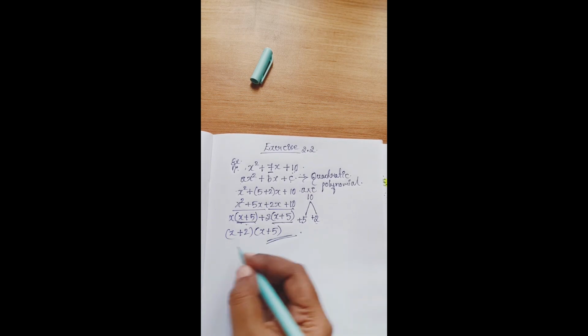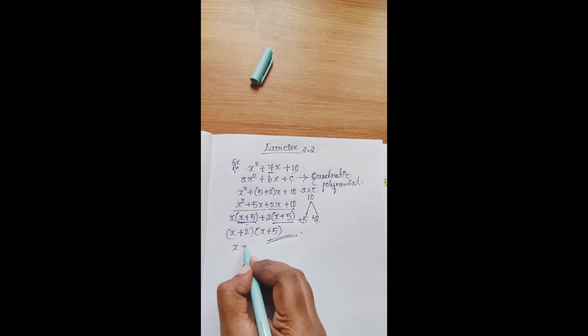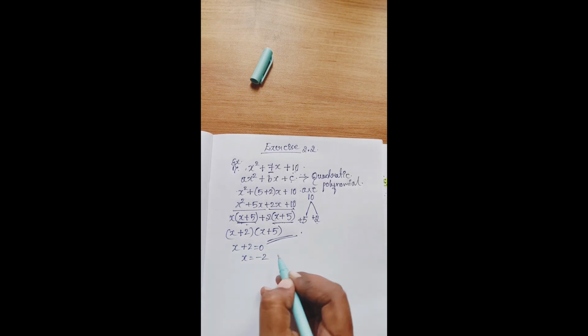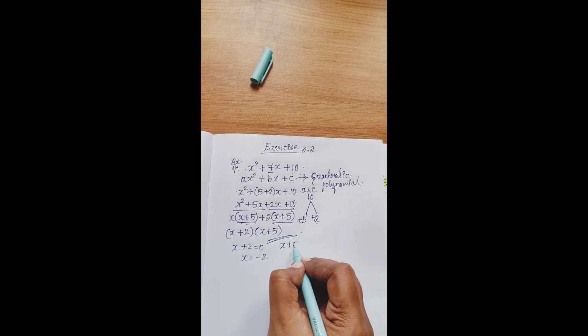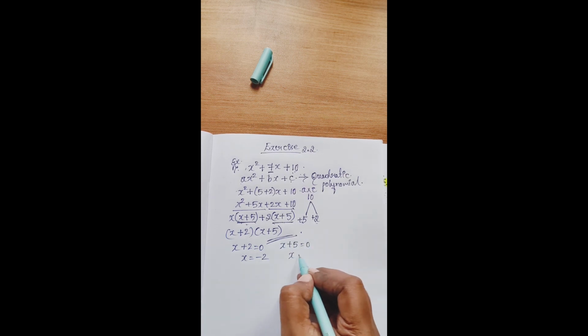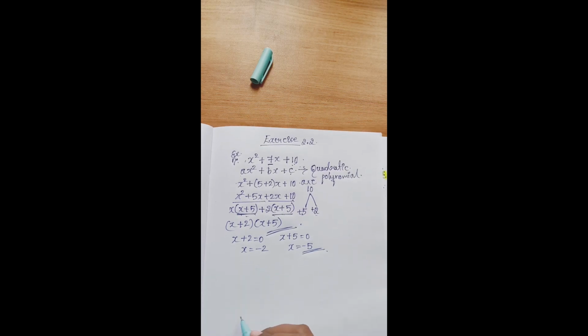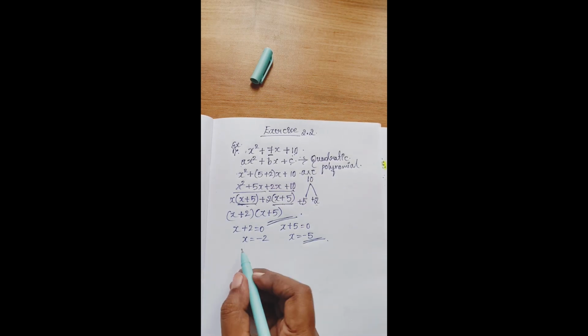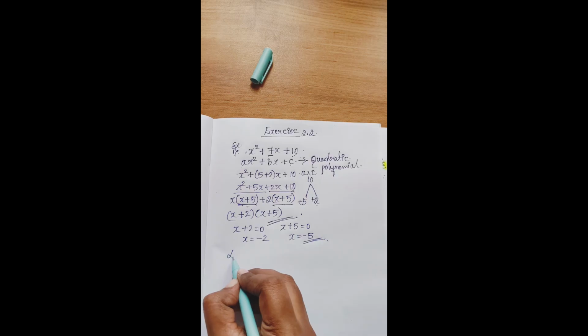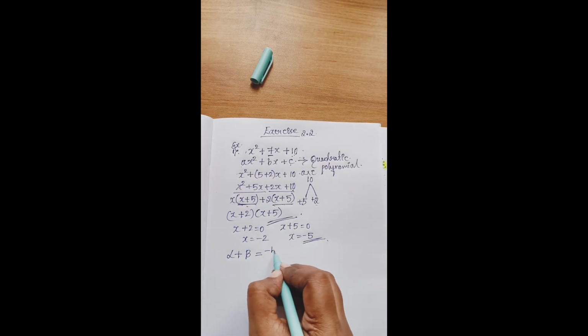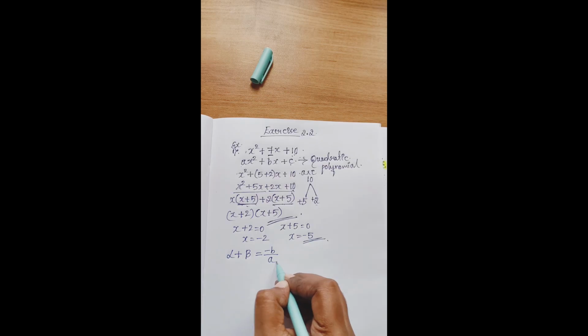This is the solution. When we find this, x plus 2 equals 0, then plus 2 will go to the right hand side and become minus 2. x plus 5 equals 0; plus 5 will go to the right hand side and become minus 5. Here you need to find the sum of zeros and product of zeros. Sum of zeros formula you know: alpha plus beta equals minus b by a.